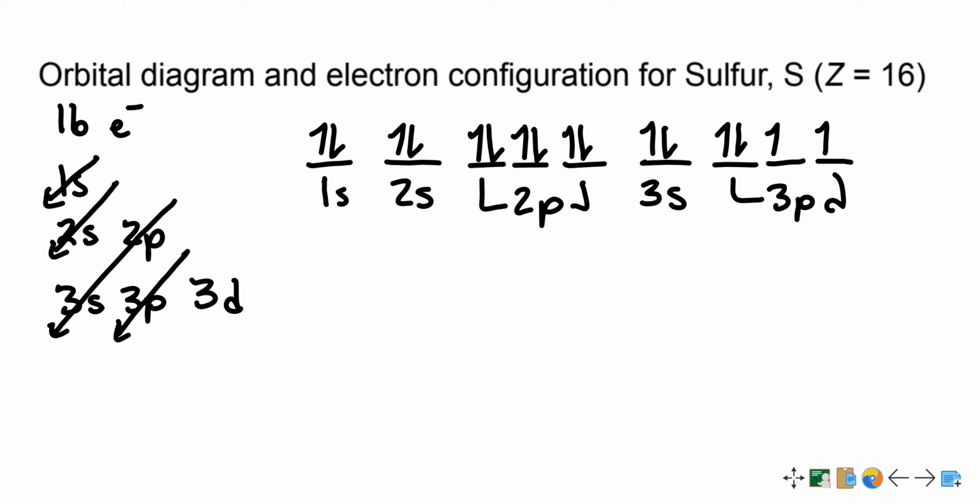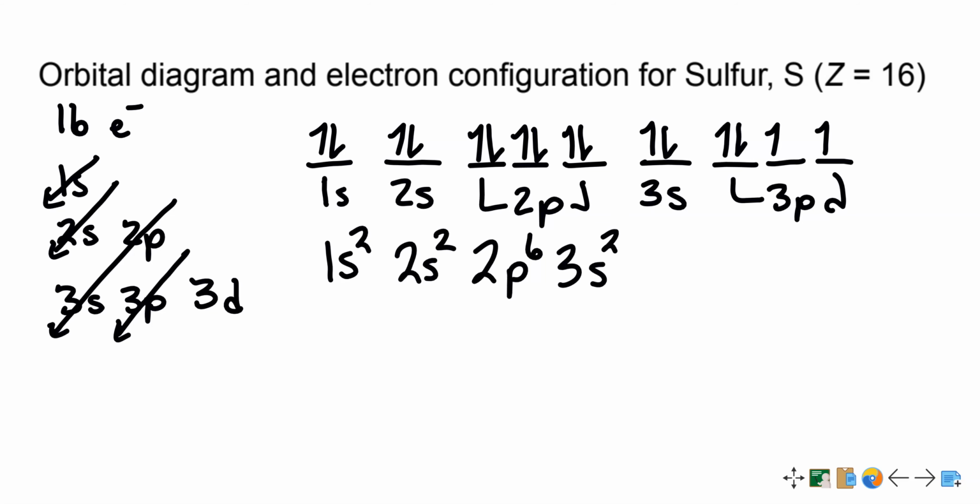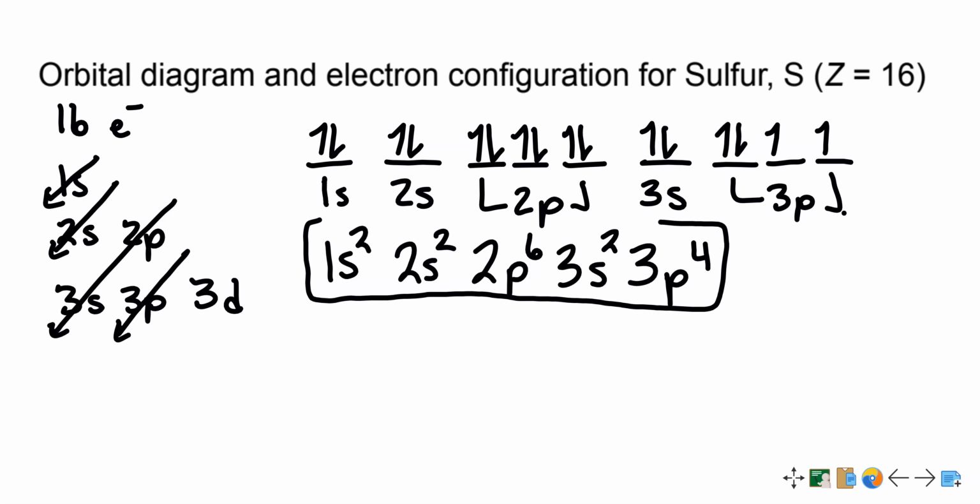So my electron configuration is 1s2, because there are 2 electrons in the 1s orbital, 2s2, because there's 2 electrons in the 2s orbital, 2p6, because there's 6 electrons in 2p, 3s2, and 3p4. So there's my electron configuration for sulfur. Okay, pretty straightforward.